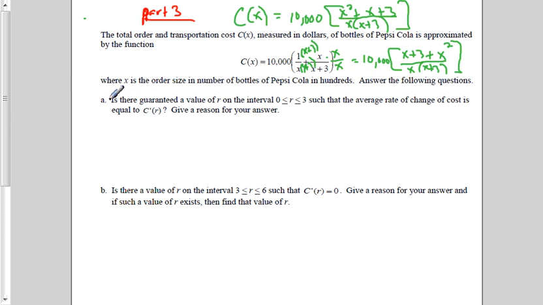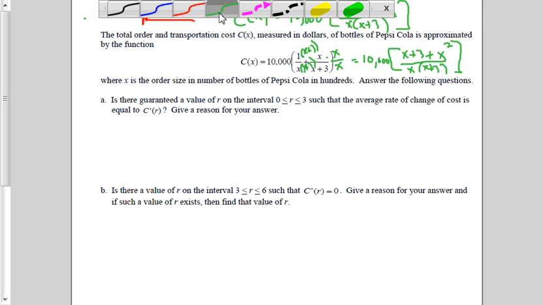What has to be true is it has to be continuous, it has to be differentiable, and I see that I can take the derivative, that's good. Then the slope of the tangent line is going to have to equal the slope of the secant line, but let's check to see if it's continuous. As I look here, it's going to be undefined where the denominator equals 0, and the denominator equals 0 when x equals 0 and when x equals negative 3.